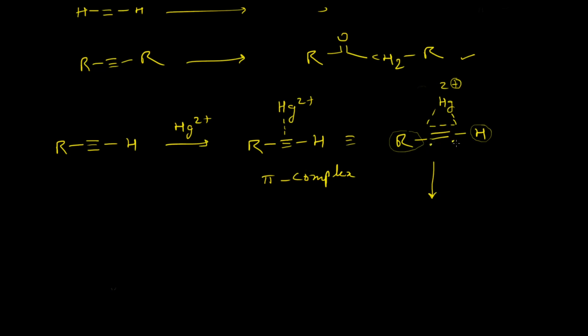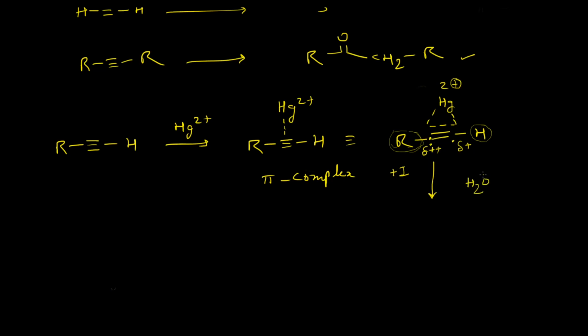Between these two, this carbon atom will develop more partial positive character than that carbon atom. Why is this so? Because here an alkyl group is present which can stabilize this more partial positive charge by electron donating inductive effect. So that's why this carbon center will develop more partial positive charge.